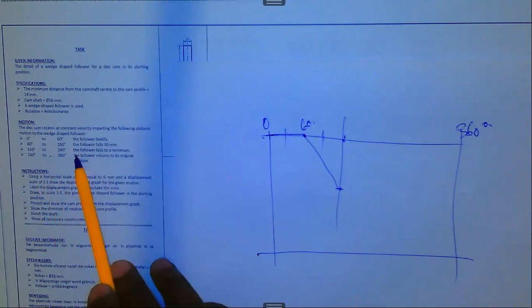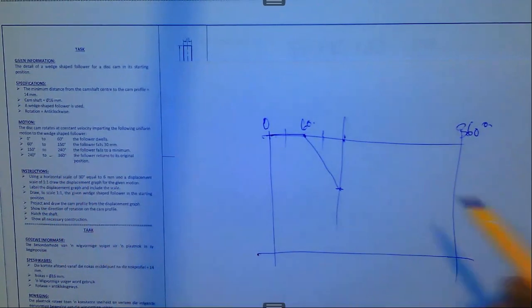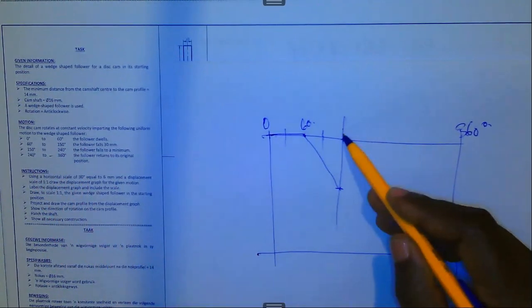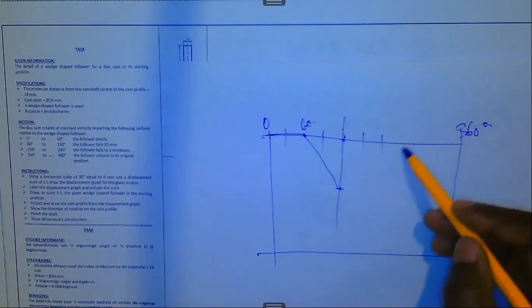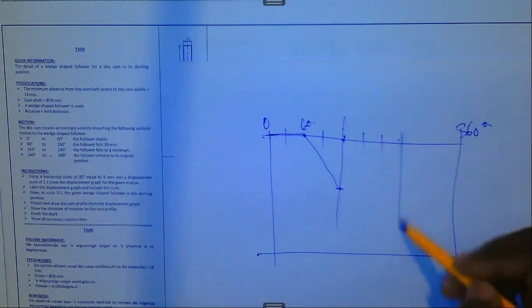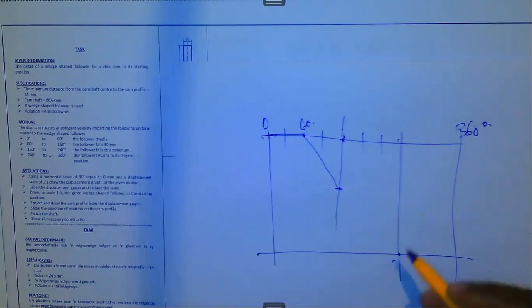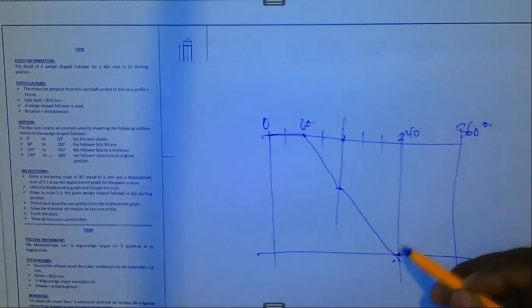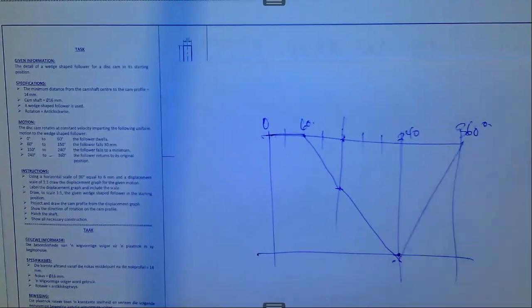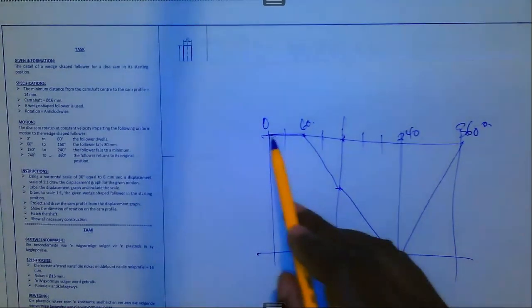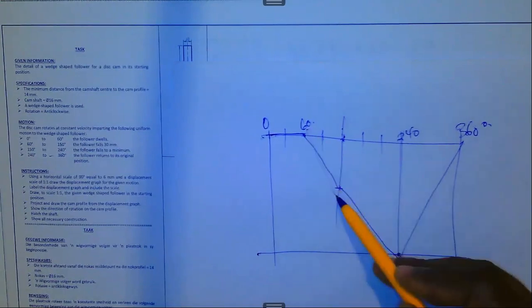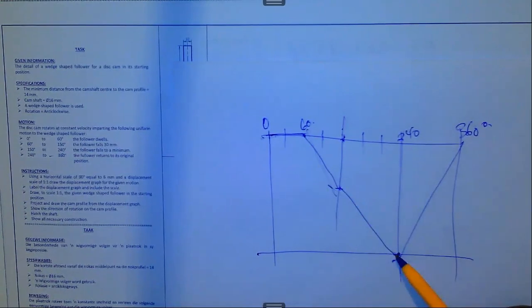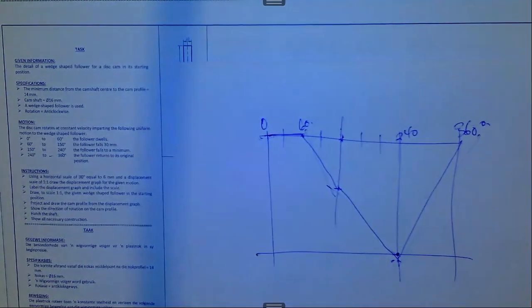Then 150 to 240, that's 150, 180, 210, 240, which would be somewhere here. Then it falls again. Then from here, it rises to the original. So this is dwelling. It falls 30, then it falls to the minimum, then it rises again. But don't worry about this.